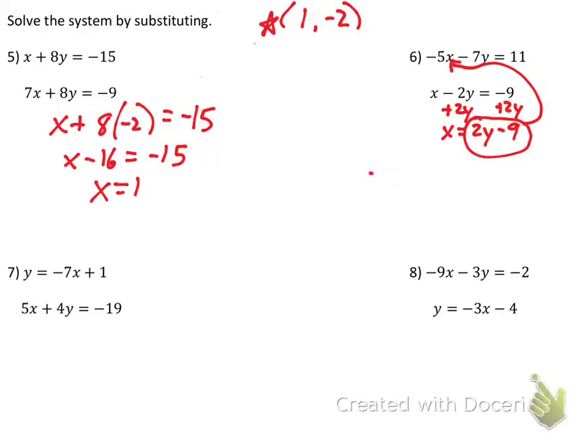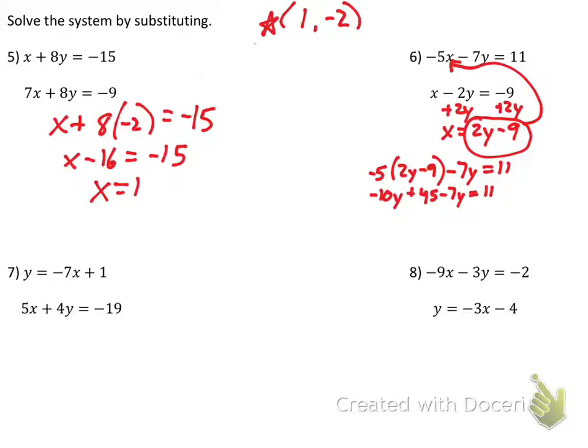So it'll be negative 5 times 2y minus 9 minus 7y is equal to 11. When I distribute that, that'll be negative 10y plus 45 minus 7y is equal to 11.